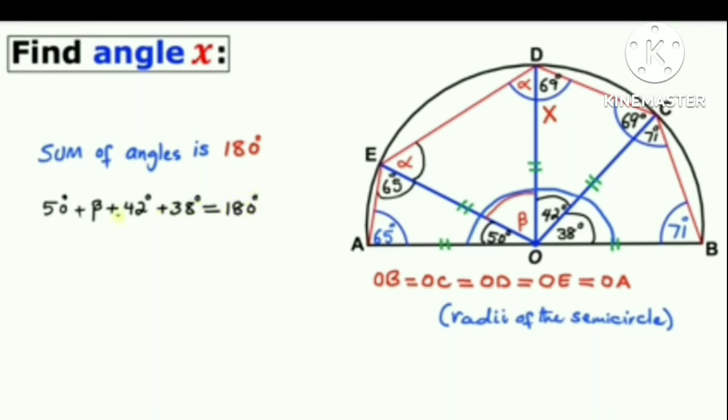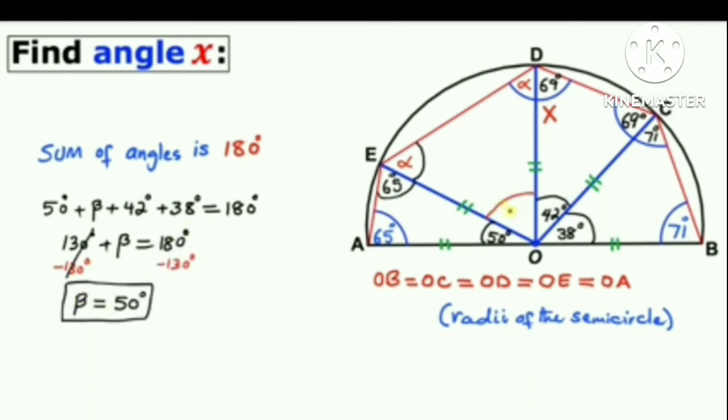Let's solve for beta. 130 degrees plus beta equals 180 degrees. If we add negative 130 degrees on both sides, this cancels out. So beta turns out to be simply 50 degrees. Therefore, this angle turns out to be 50 degrees.